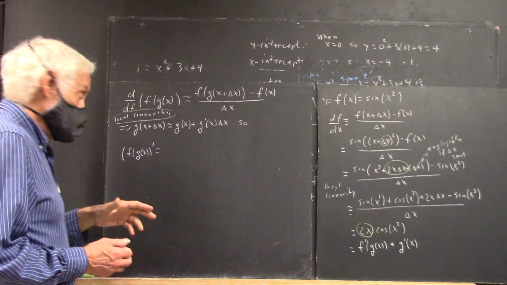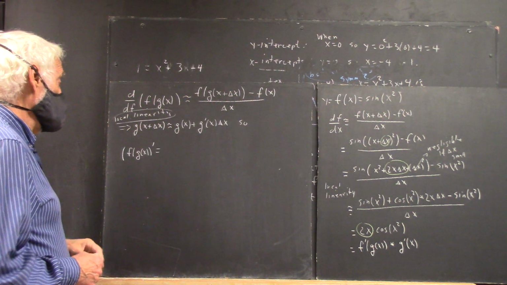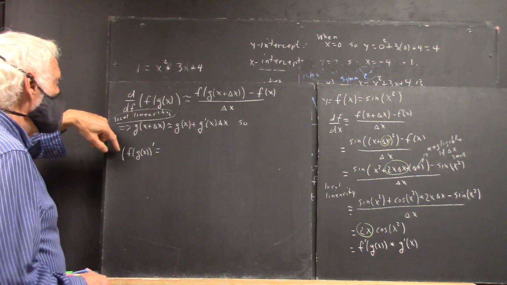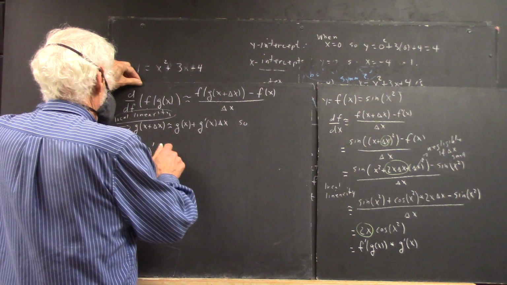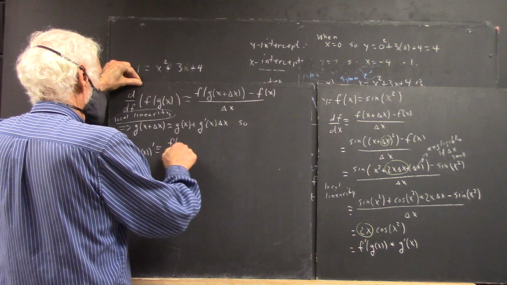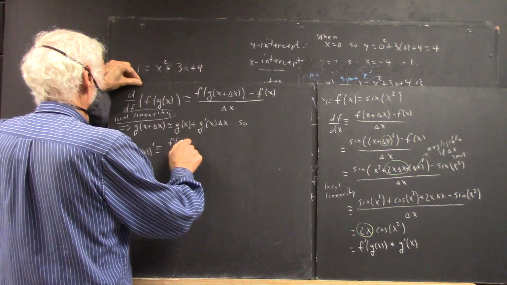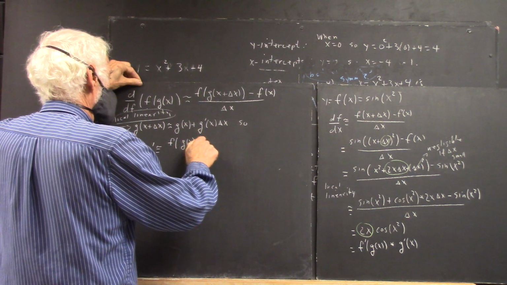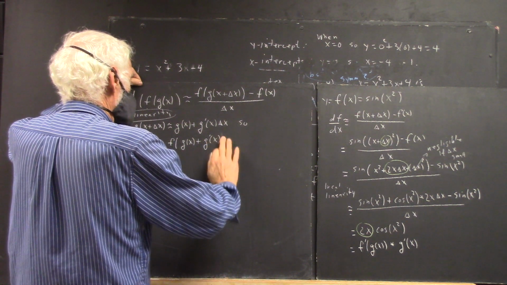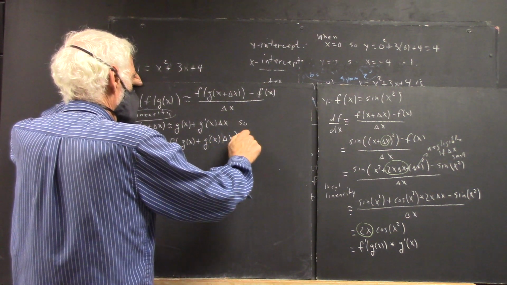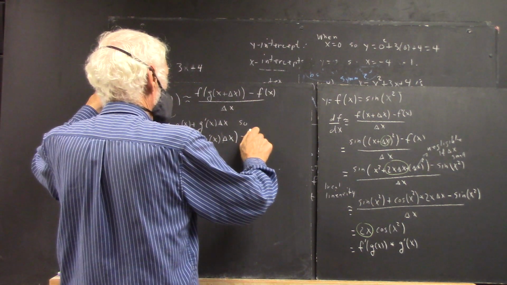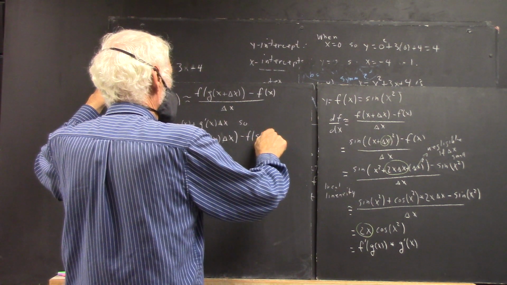Okay. f of g of x prime, then, is, of course, another way of writing this derivative. I'm writing it this way. Is now approximately equal to f of g of x plus g prime of x delta x, which is the parentheses there, and this minus f of g of x.